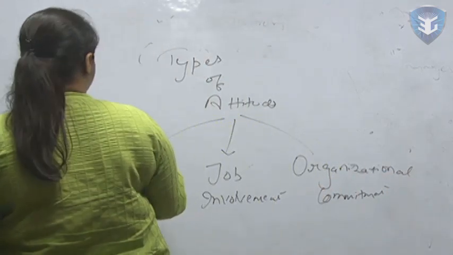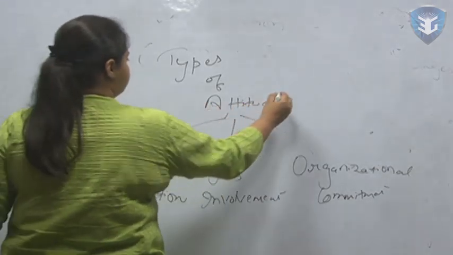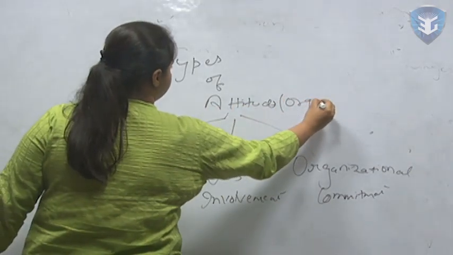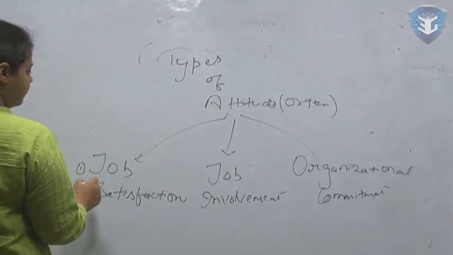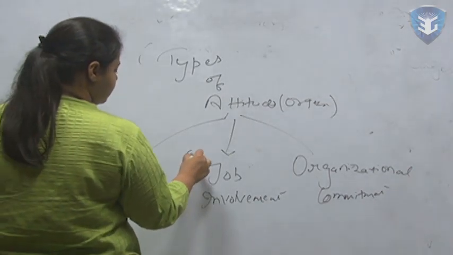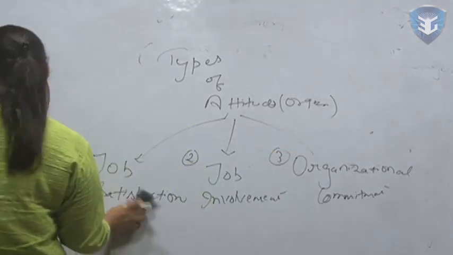This is how different types of attitudes can be used for an organization. Firstly, to study the job satisfaction of the employees. Second, to know how much they are involved in their job. And third, how much they are committed towards their work.